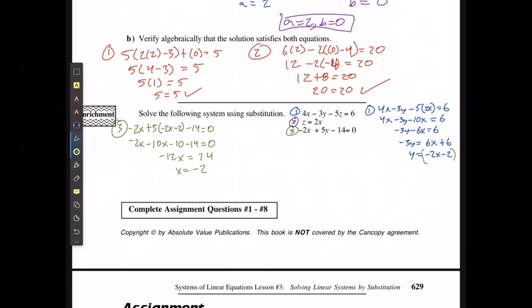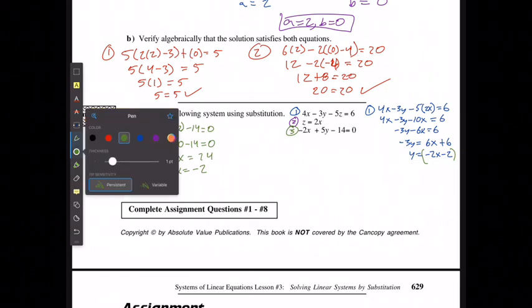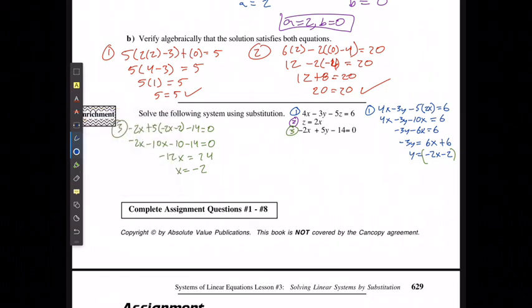Now, I can take my value of x and put it back into equation 1. Y is equal to negative 2 times negative 2 minus 2. Y is equal to 4 minus 2. Y is equal to positive 2.